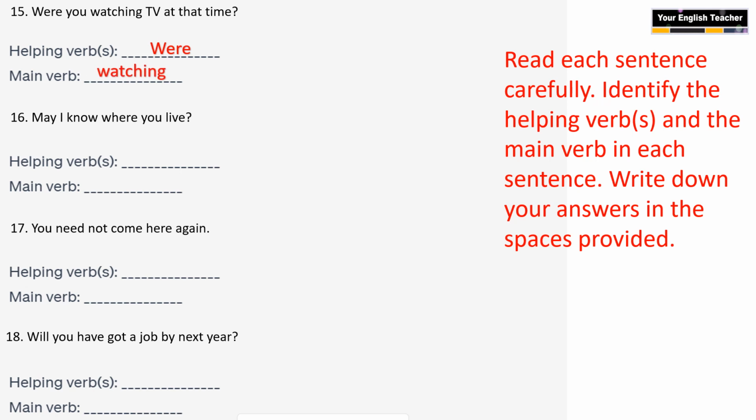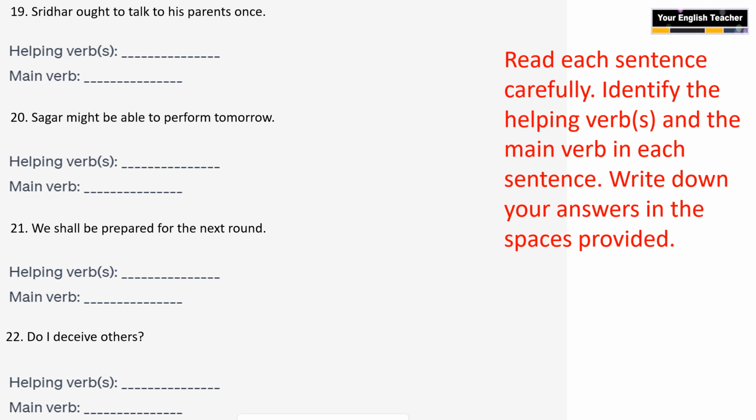And similarly, in the next sentences, see here in the 19th sentence, ought to is the helping verb, talk is the main verb. Might is the helping verb, be is the main verb. Shall is the helping verb, be is the main verb. Here, do is the helping verb, deceive is the main verb.